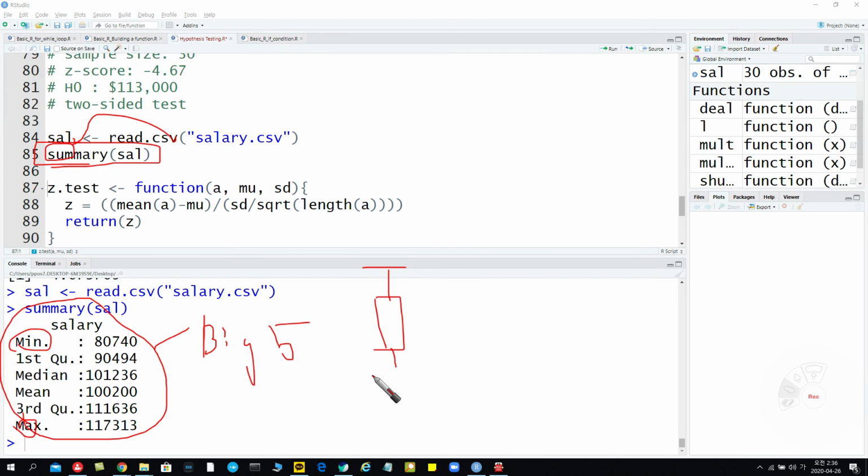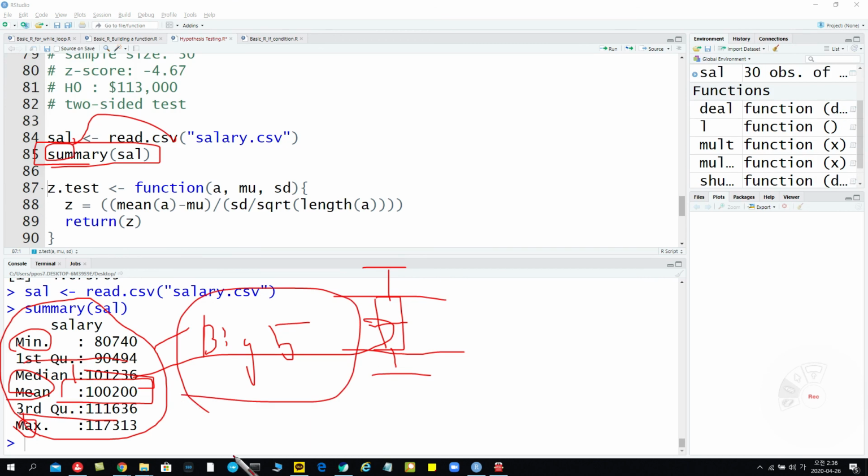If you remember the box plot, this is the median, and the mean is really important. In statistics we call this the big 5, a very important explanation of the elements of the data.